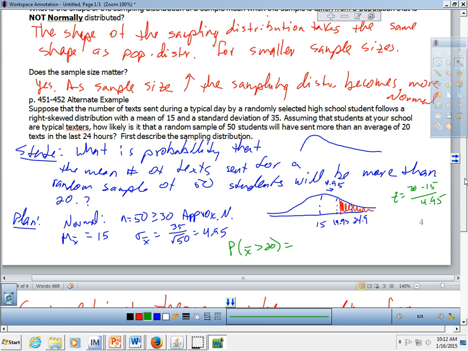Get into table A, and remember that table A always gives us probability less than, so we're going to have to take that value from table A and subtract it from 1 to get more than. But either way, I'm going to use the calculator because I think it's so much faster. And I get approximately 15.6%.